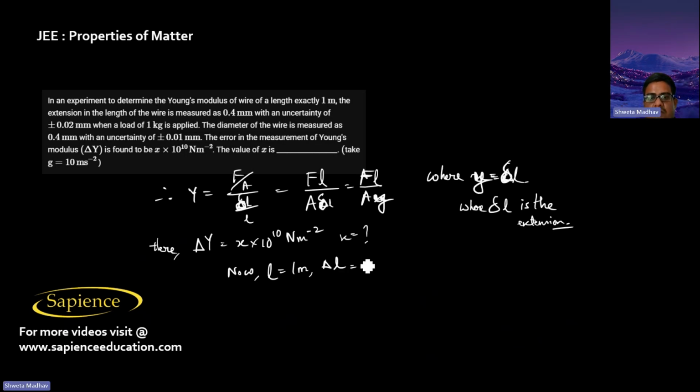And this delta L is the absolute error in the measurement of the length of the wire.